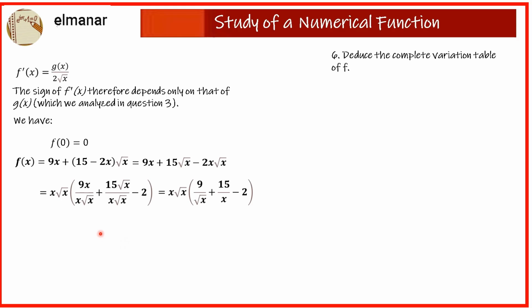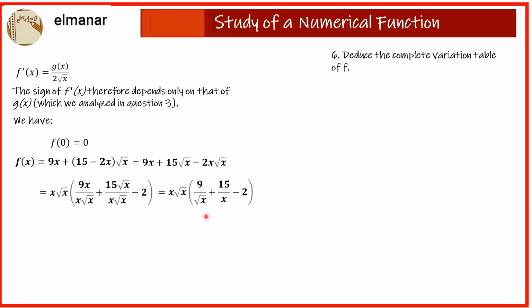Theoretical reminder: factoring an expression means rewriting it as a product of factors, which is especially useful when studying signs and limits. As x approaches infinity, both 9 divided by the square root of x and 15 divided by x tend towards 0.